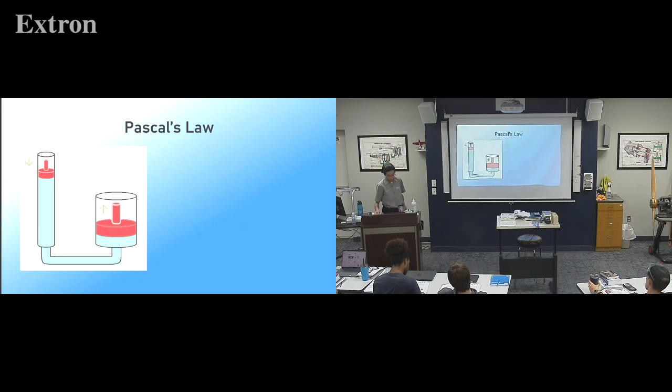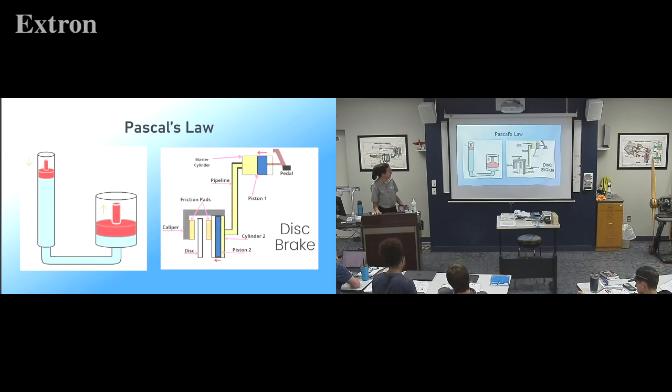So here's what we had worked through yesterday using force, area, and pressure. And practically speaking, when you're going to use that as a brake system, we can take a small force over a long distance up here at your brake pedal and transmit it to a very large force over a short distance down here where your brakes are working.